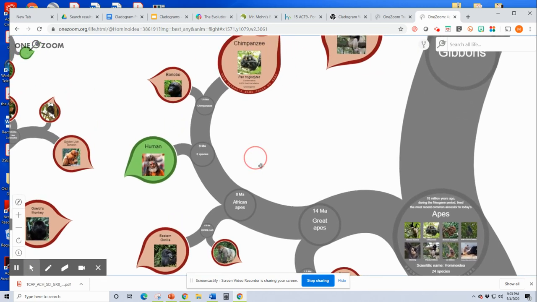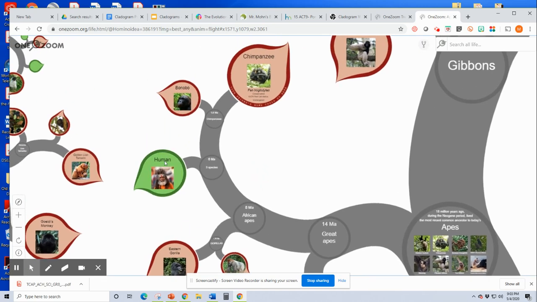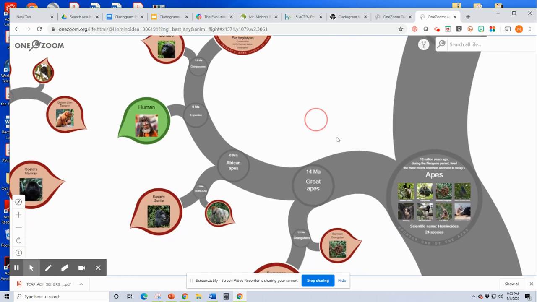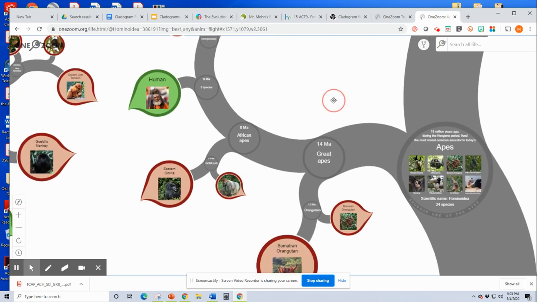Okay, so this does not at all say that we evolved from a monkey. That is not what it's saying. This is saying that there was some common ancestor that lived millions and millions of years ago. And if we follow this, some of them, because of that force of natural selection, evolved into our orangutans.